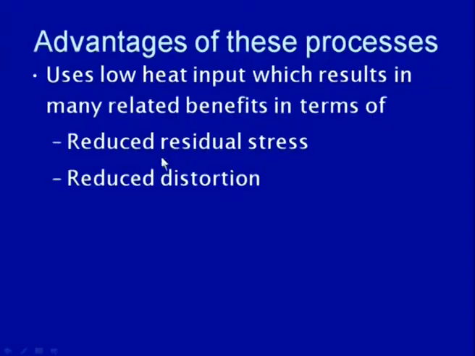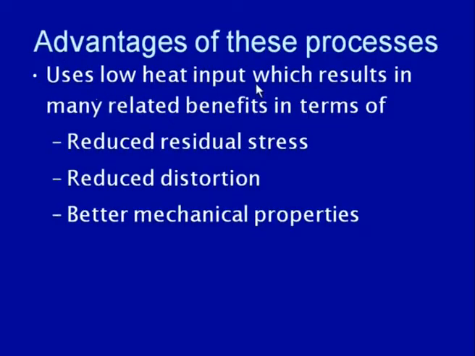But when the heat input is reduced, the magnitude of the residual stresses developed is also reduced, and reduced residual stresses further help in reducing the distortion, meaning the extent to which the plates can distort due to the application of heat and subsequent cooling. So, this distortion is also reduced because of the reduced heat input used with the braze welding process.